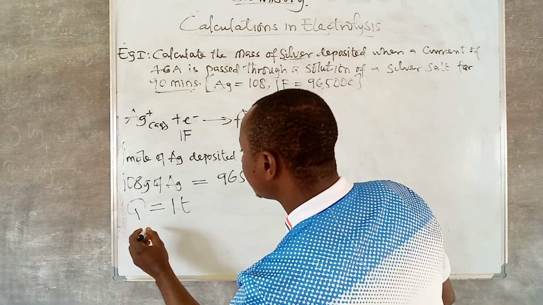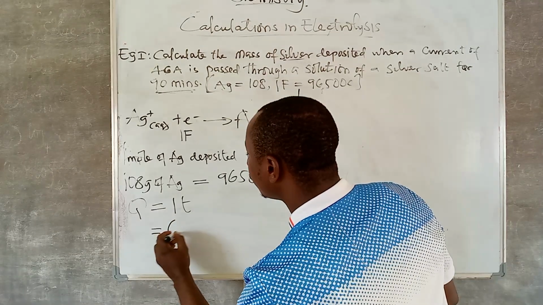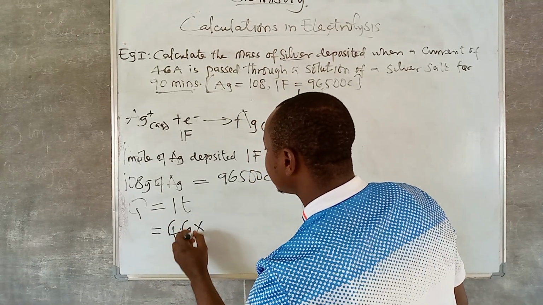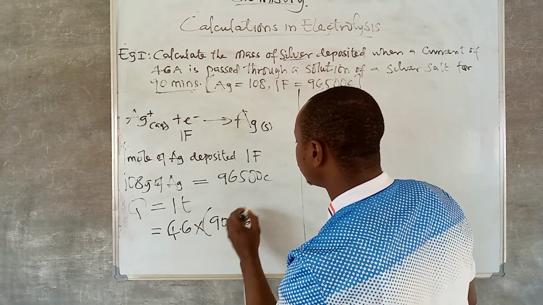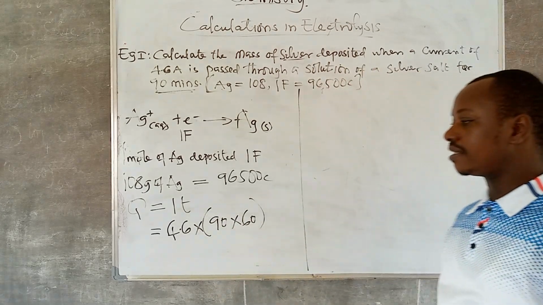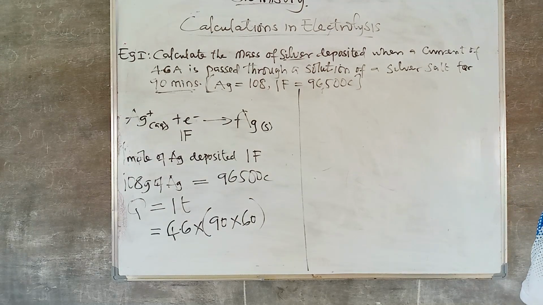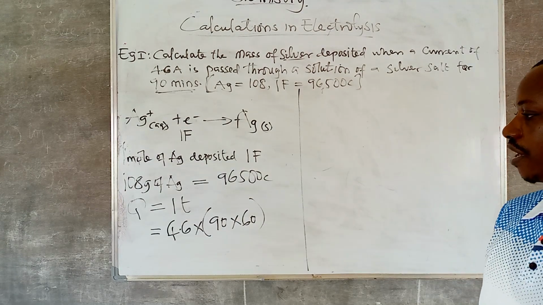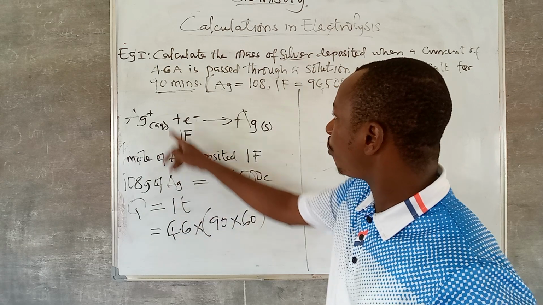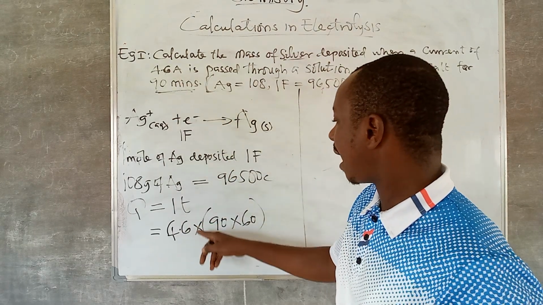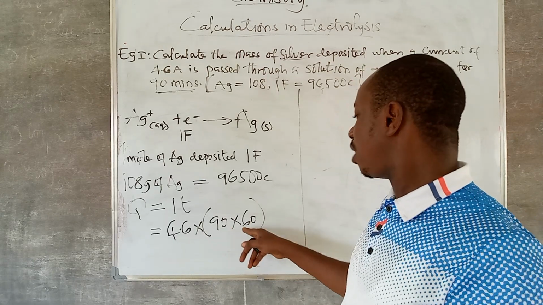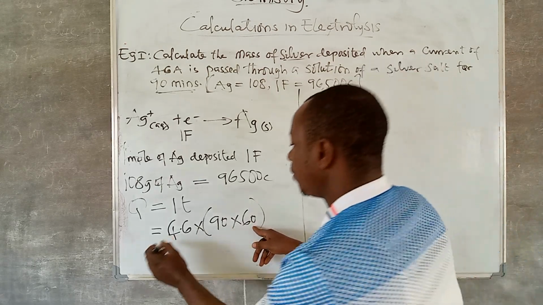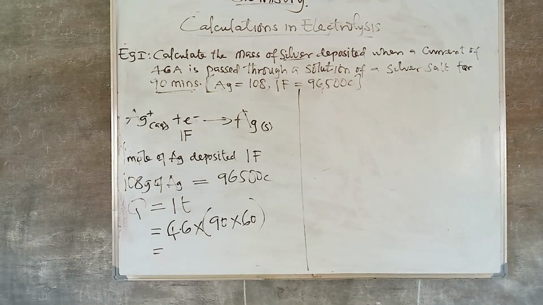So if you work this in very well, it becomes 4.6 times 90 minutes. If you want to convert it to seconds, you multiply by 60. Just watch it very carefully. The current is 4.6 ampere times the time is 90 minutes, but you must convert it to seconds, so I multiply by 60.